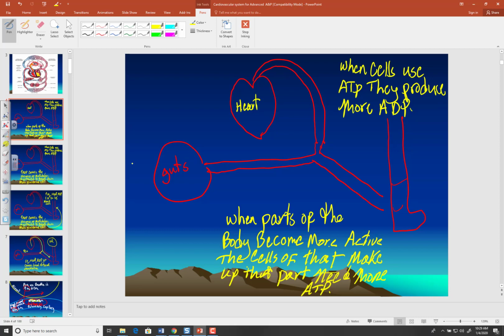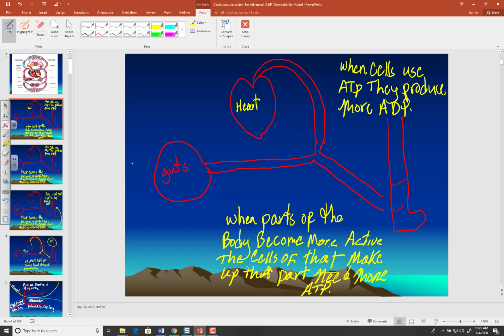All right. Now, we talked about this, and that's why, in order to understand cardiovascular physiology, you have to understand, at least on a basic level, metabolism. Because again, as I explained to you about a million times, metabolism dictates your physiology.